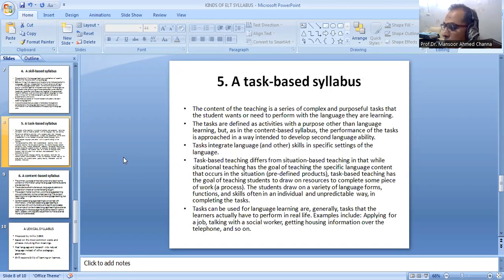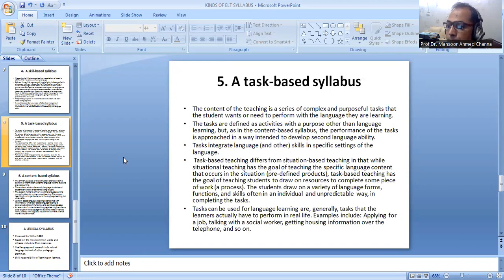The students draw on a variety of language forms, functions, and skills, often in an individual and unpredictable way in completing the task. Tasks used for language learning are generally tasks that the learners actually have to perform in real life. Examples include applying for a job, talking with a social worker, getting housing information over the telephone, and so on.